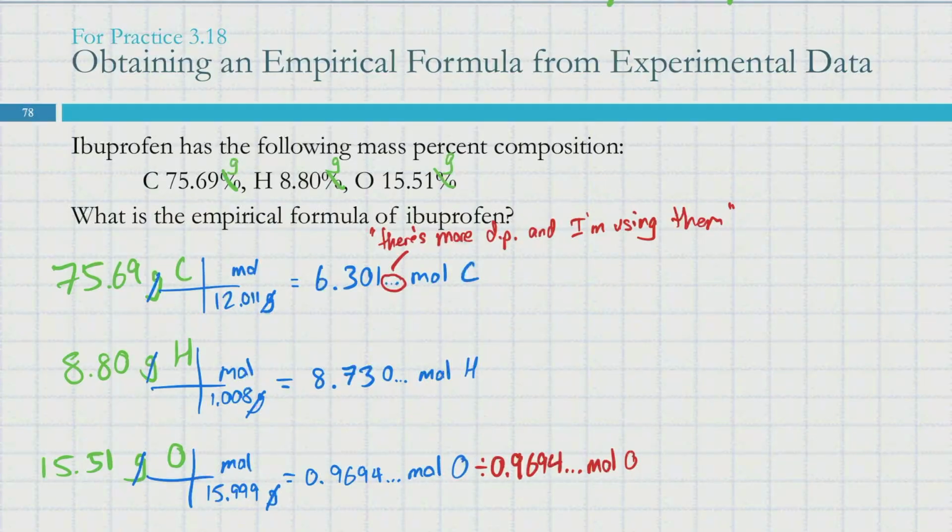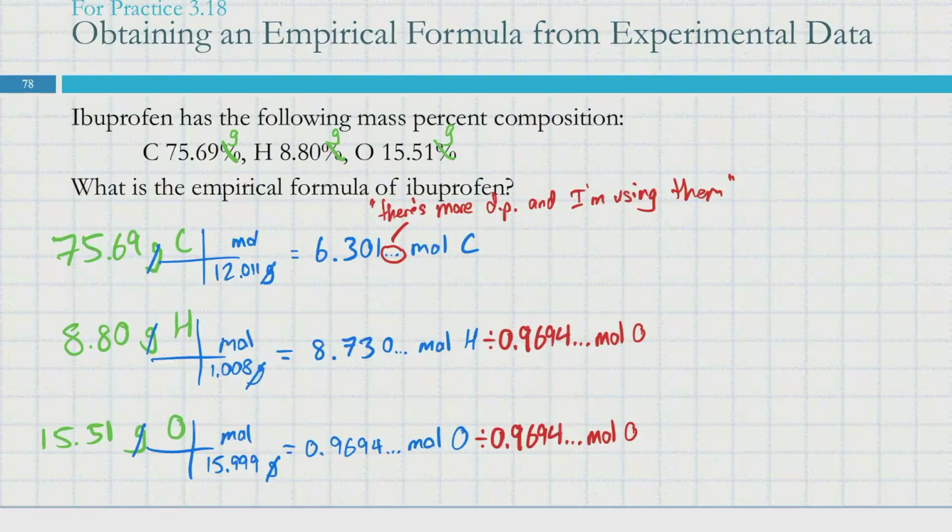So we take each of these and divide by the moles of oxygen. This bottom one we get for free. We don't even have to put it into our calculator. There's 1 oxygen for every oxygen. Wow. Big surprise face.